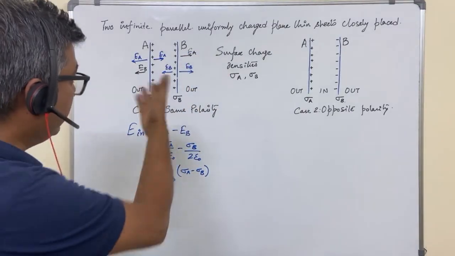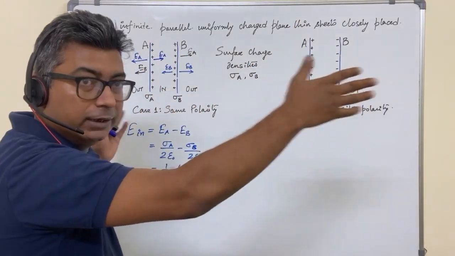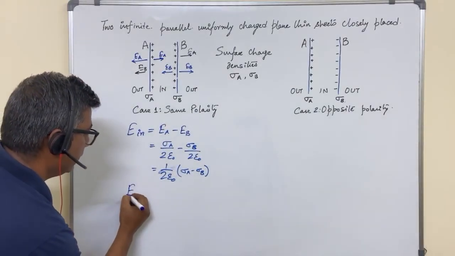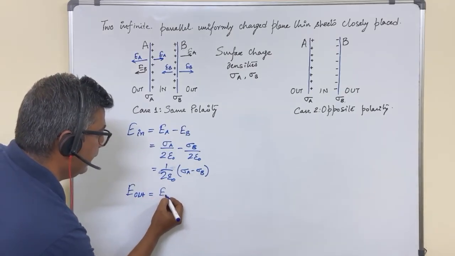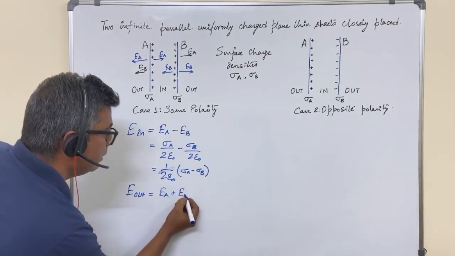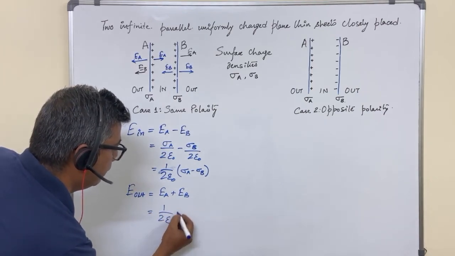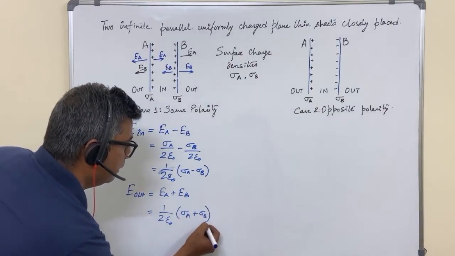So the net will be the summation of these two, both propagating outside. So E out will become EA plus EB, which finally comes out to be 1 by 2 epsilon naught times sigma A plus sigma B.